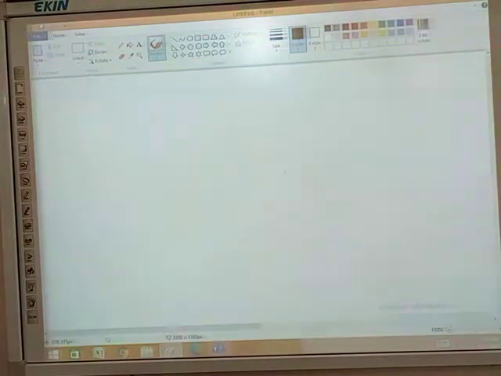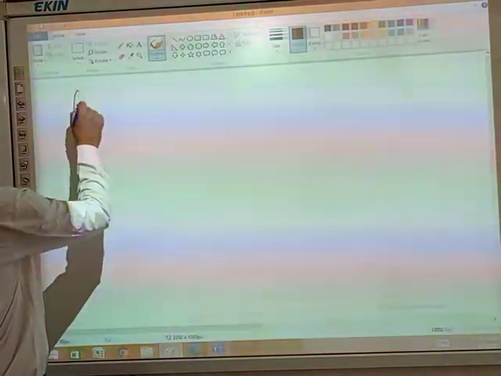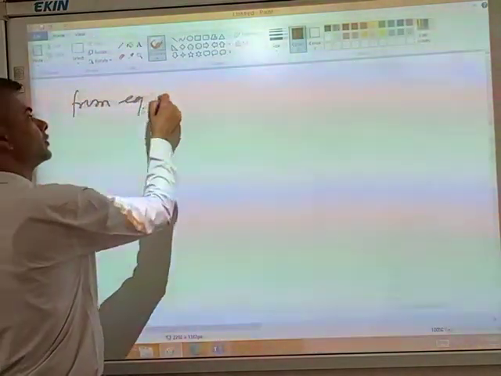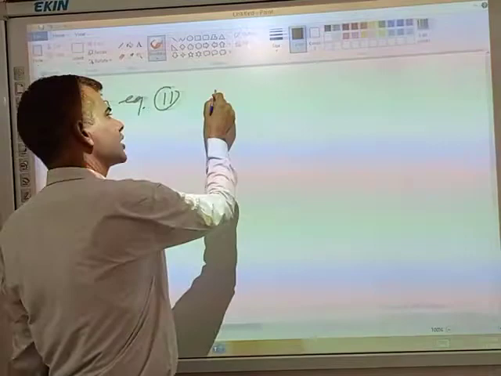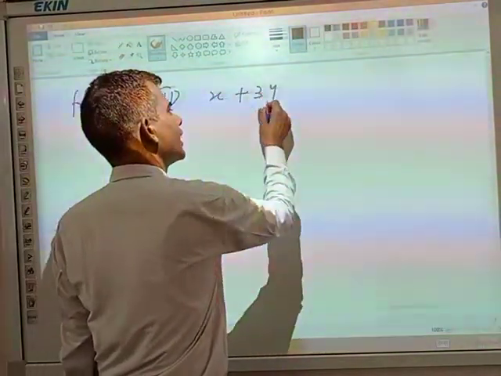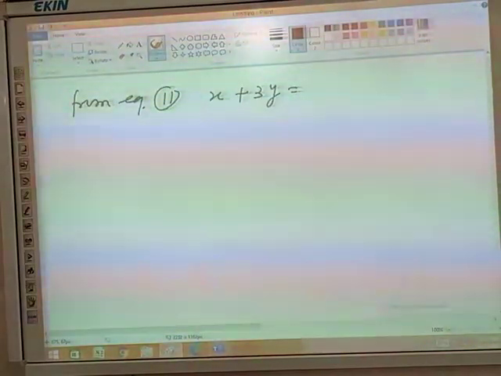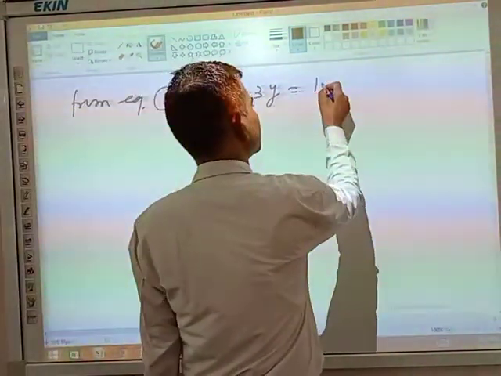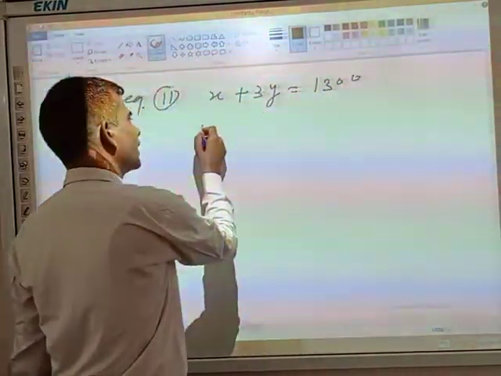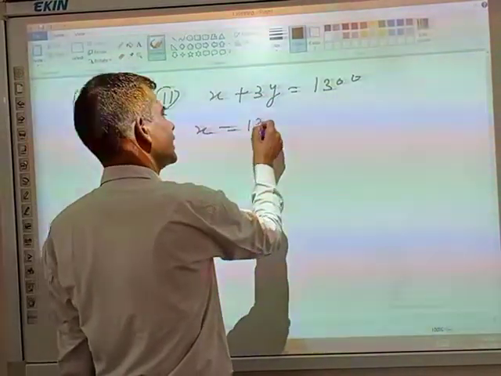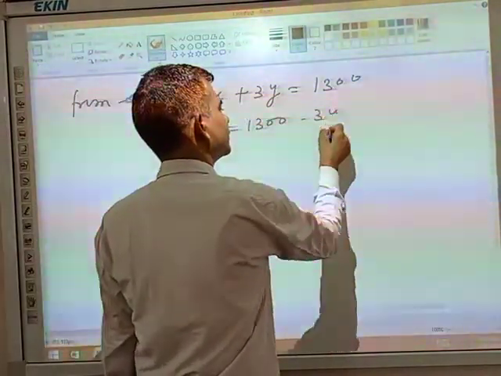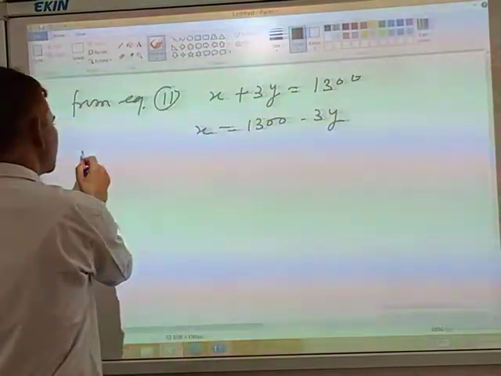Students, from the second equation, x plus 3y is equal to 1300. Now x is equal to 1300 minus 3y. Draw the table.